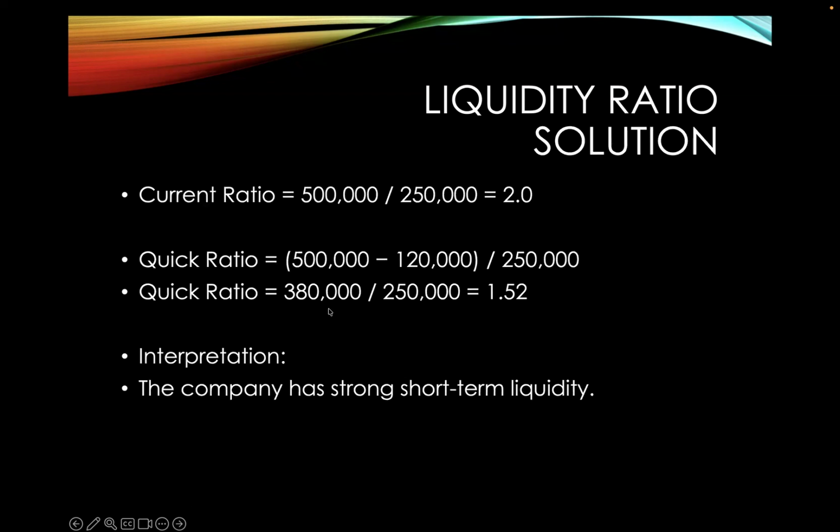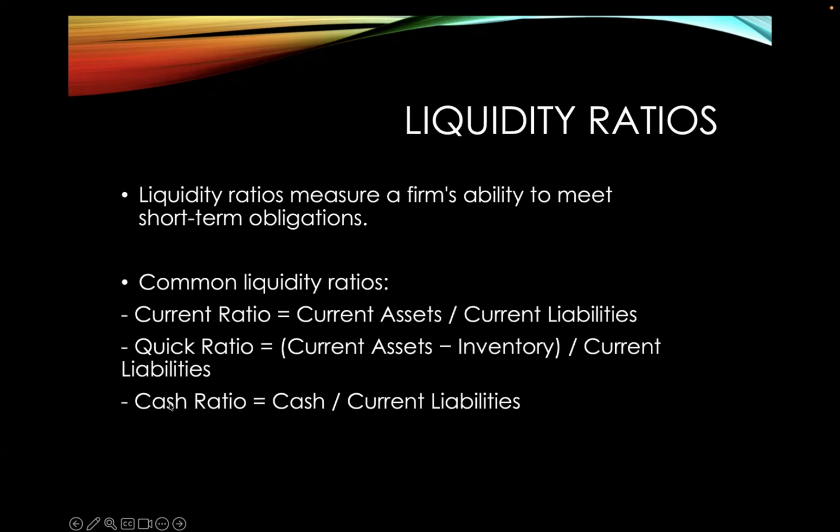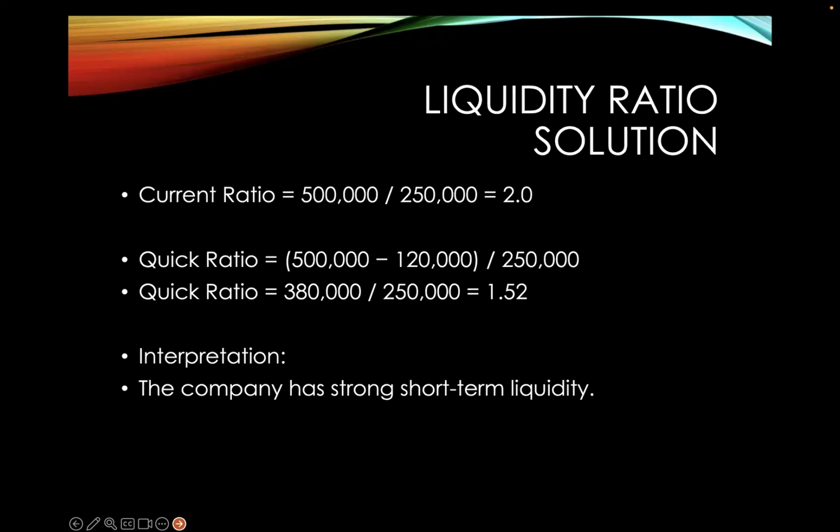Okay, so current ratio, remember what's our formula? Let's go back to our previous slide. Current ratio is current assets over current liabilities. For quick ratio, we just exclude inventory. So let's go back to the sample problem. Current ratio is 500,000, your current asset, over 250,000, your total current liability.